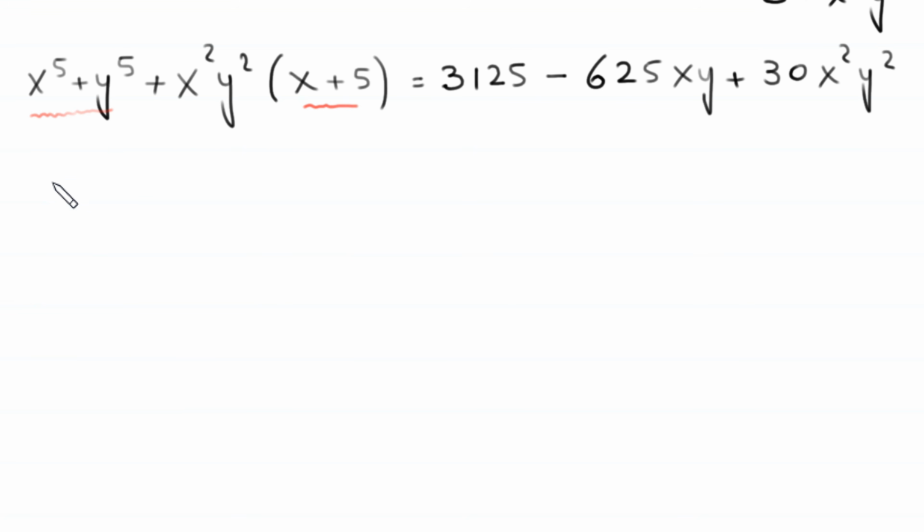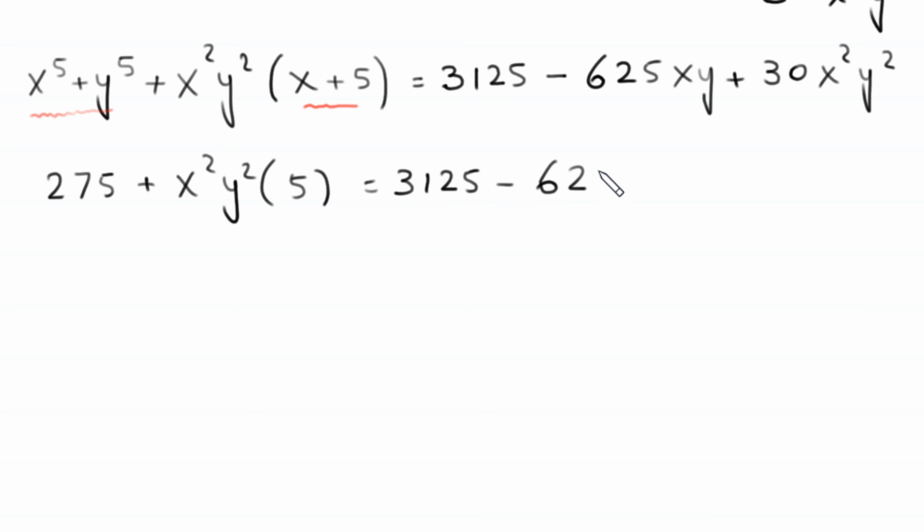So this will become 275 plus x squared y squared times 5 equal to 3125 minus 625 times xy plus 30x squared y squared.